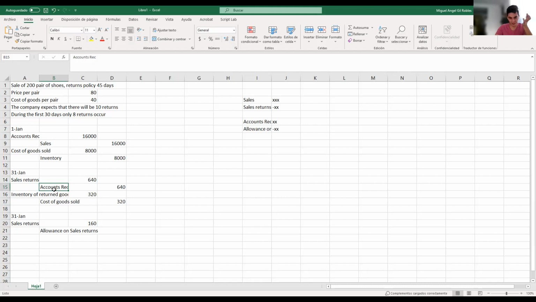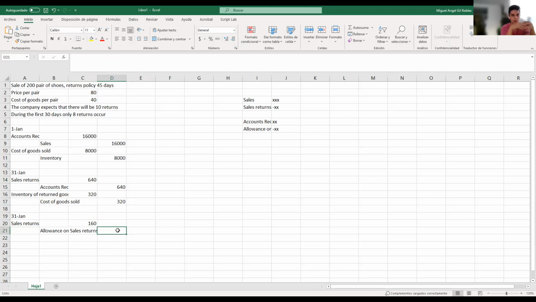So we need to be careful in that case. I hope I'm not messing up your head, but this journal entry is different, because here the return actually happened, and here we are just being careful.